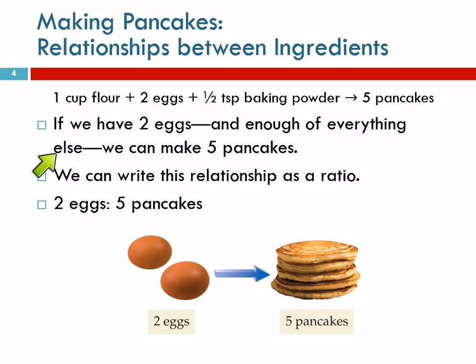So here again is our recipe. And we can see from this that if we have 2 eggs and enough of everything else, we can make 5 pancakes. There is a relationship there, 2 eggs to 5 pancakes. So that's writing it as a ratio. We can also write it as a conversion factor. We can write 2 eggs per 5 pancakes.